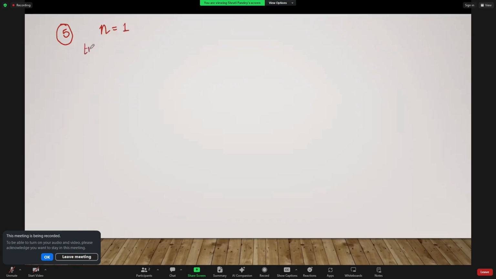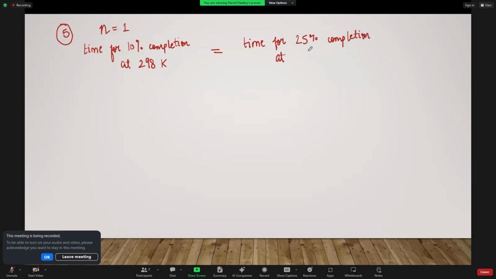So they are saying that the time which is required for 10% completion, at some temperature which is 298 Kelvin, is equal to the time which is required for 25% completion at some other temperature which is 308 Kelvin. The temperature is very important because we know that the rate constant changes with temperature.